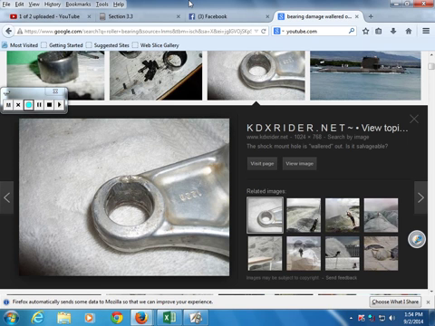The shaft has to fit the bearing. You don't have to write this down, just think about it. The word is what? Tight. I want you to think of the word tight.